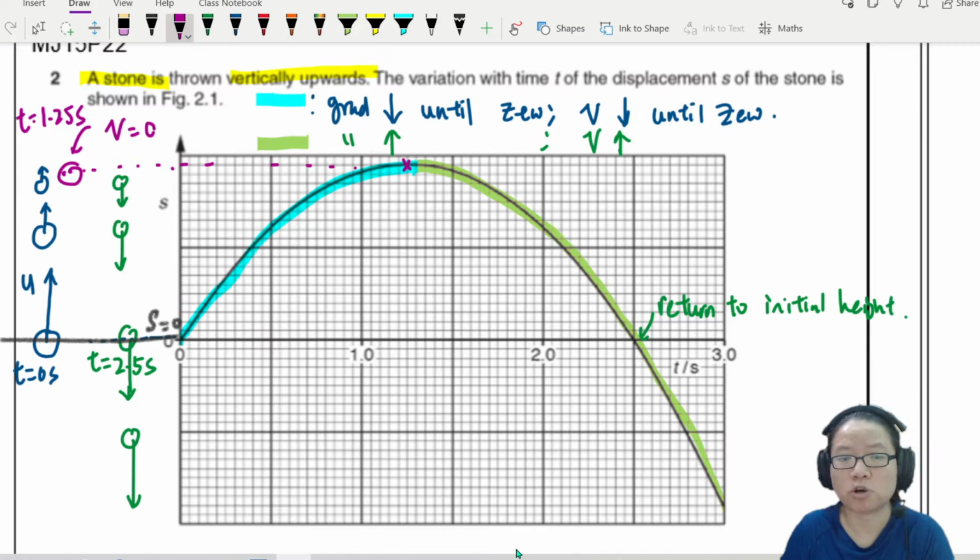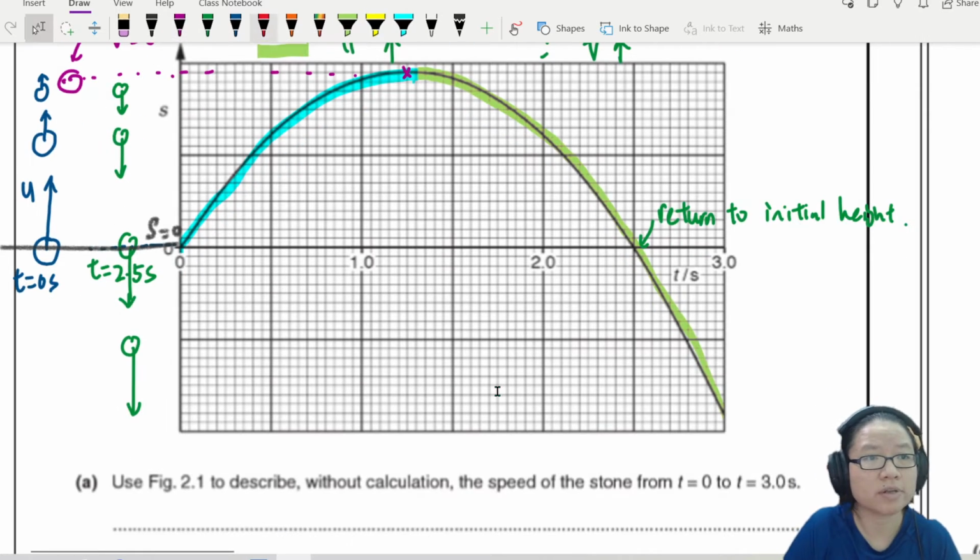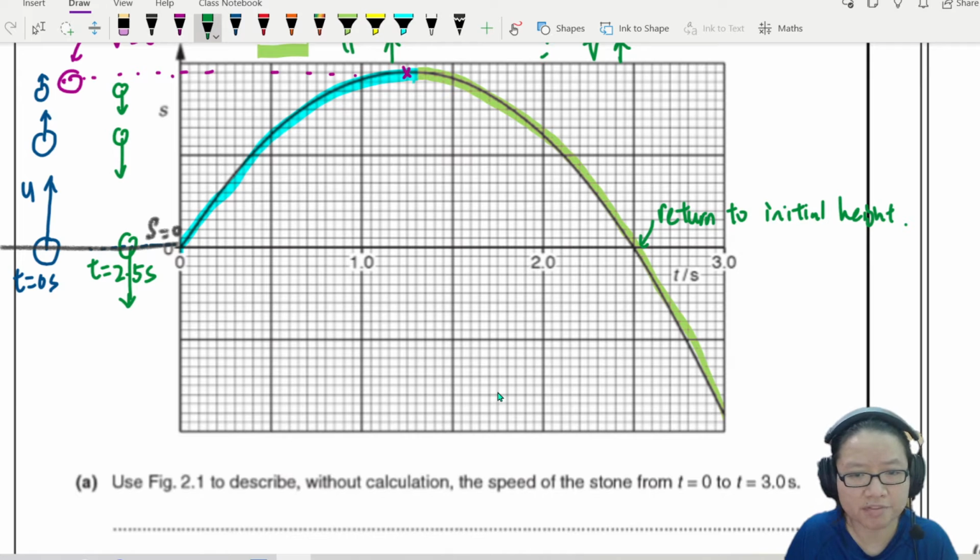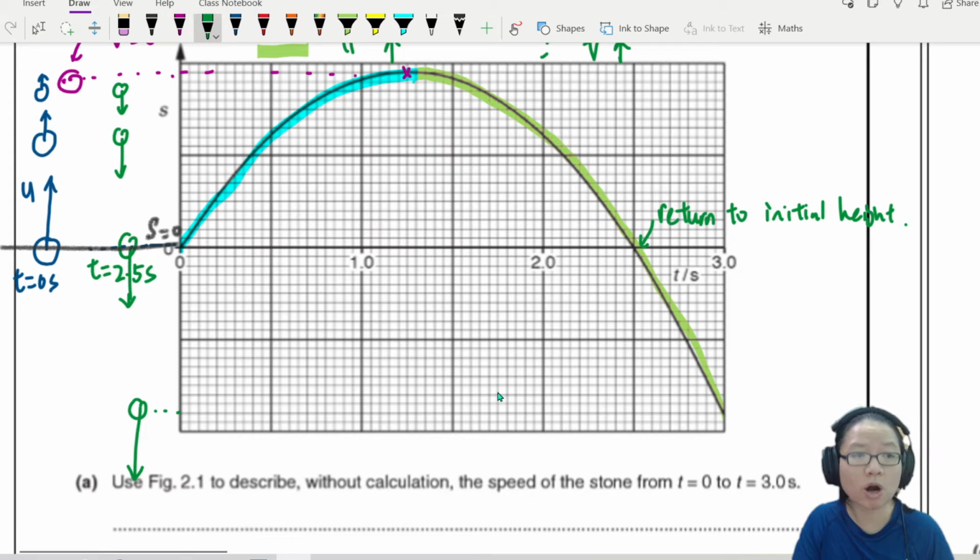It drops all the way until 3 seconds, so probably at 3 seconds, the ball is here. I'm directly interpreting the entire graph from start to finish before we even read the question, to show you how much information there is inside the graph. This is t equal to 3 seconds.